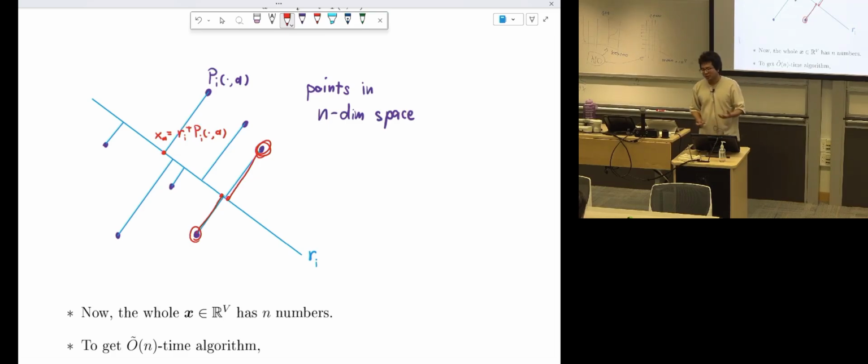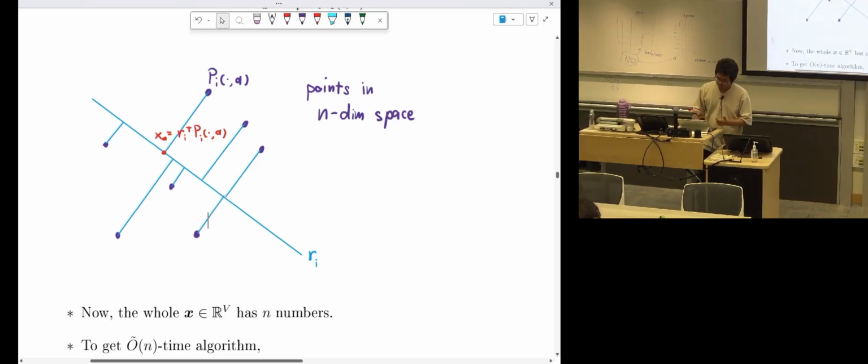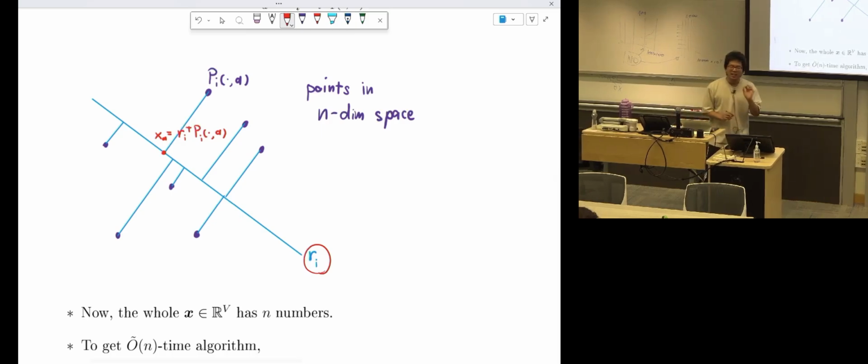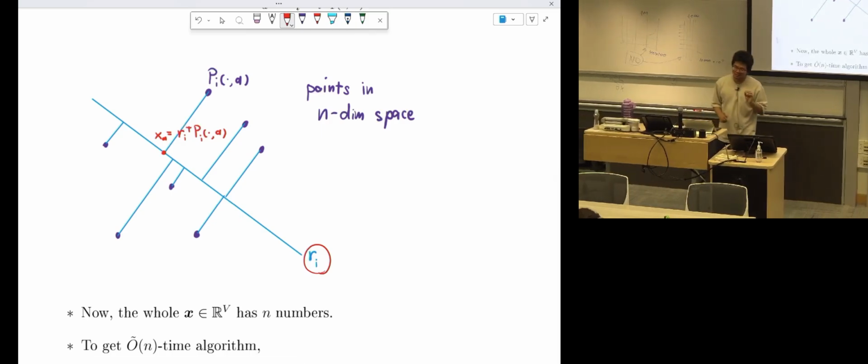But the key thing is that if you choose a direction randomly, then you can, in a strong sense, say that this distance is going to be quite preserved. So we'll see a formalization of this now.